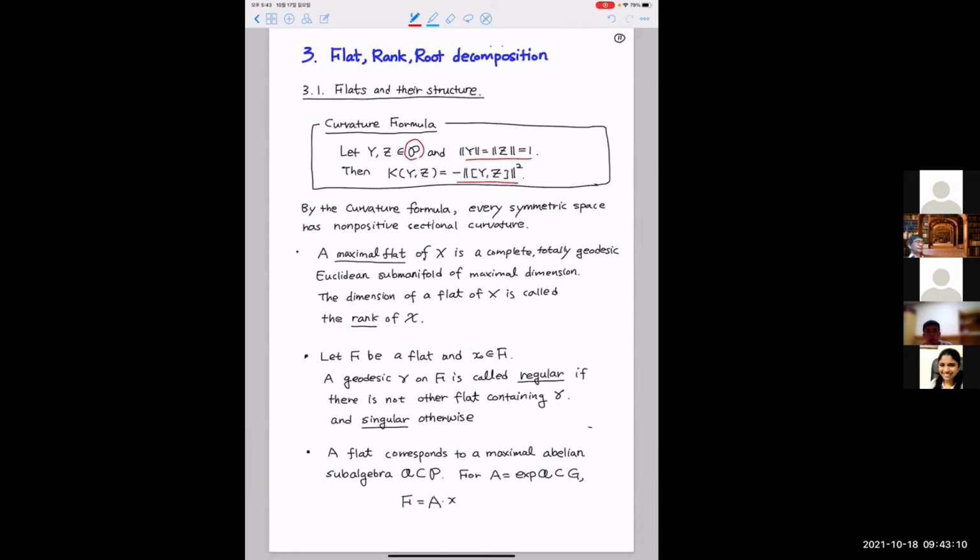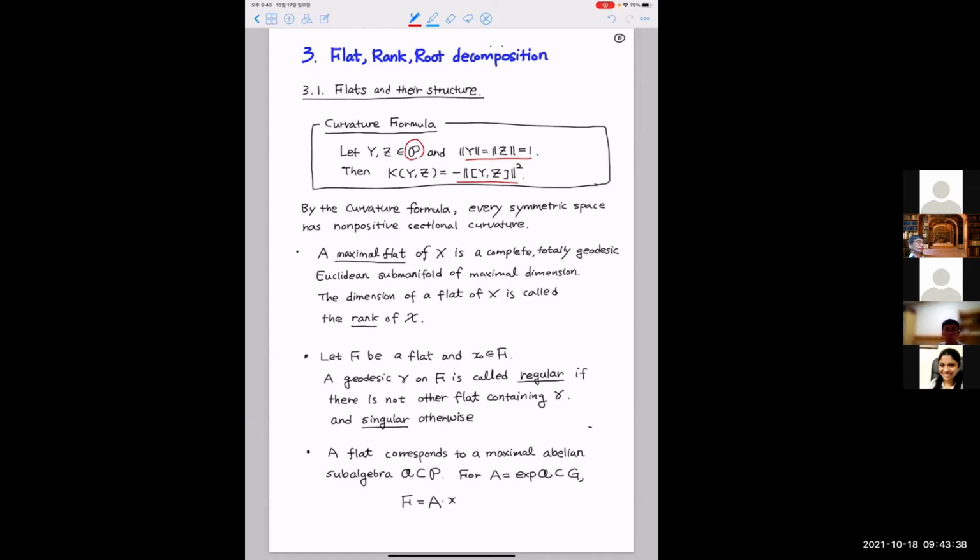That means that the sectional curvature of a symmetric space is non-positive. Sometimes it has negative sectional curvature, but most symmetric spaces have non-positive curvature.